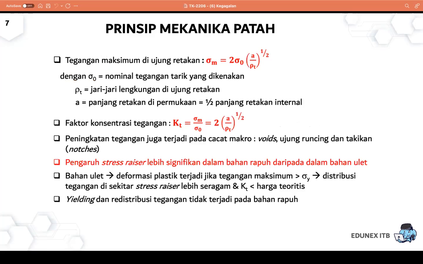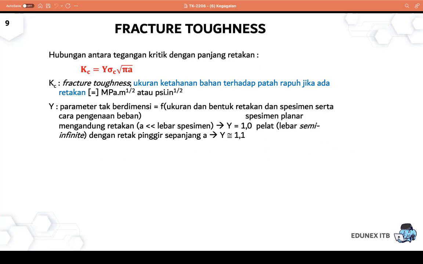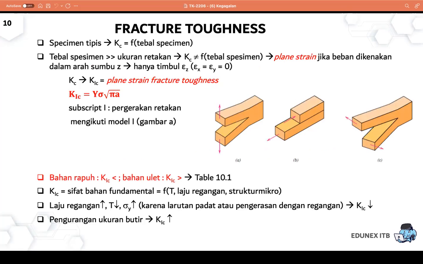In here we know that the fracture toughness Kc is actually a constant multiplied with the critical stress and the square root of πa. We talked about that last week. And then we usually use the KIC or K1C, which is the mode of the crack.